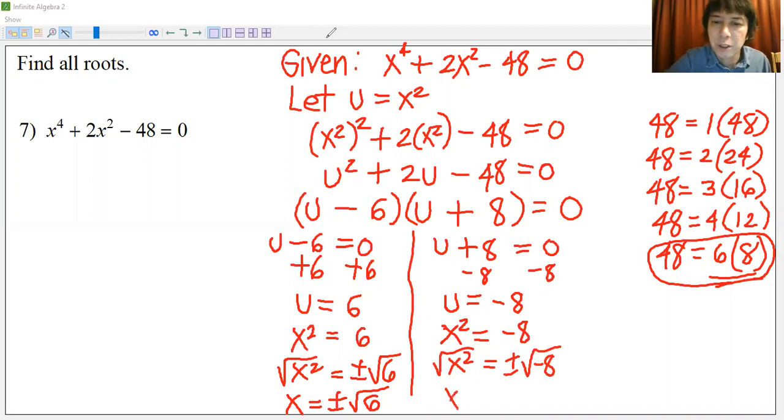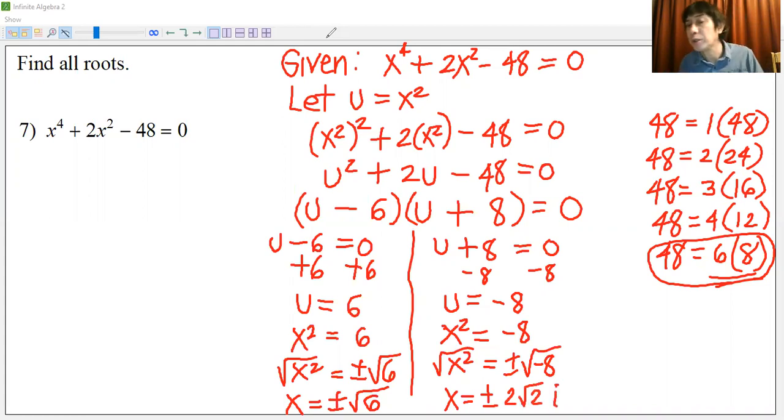So that means x is equal to plus or minus 2 square root of 2, but there's a negative 8 there. So that means we have imaginary, the i. So we will write this 2 square root of 2 i.